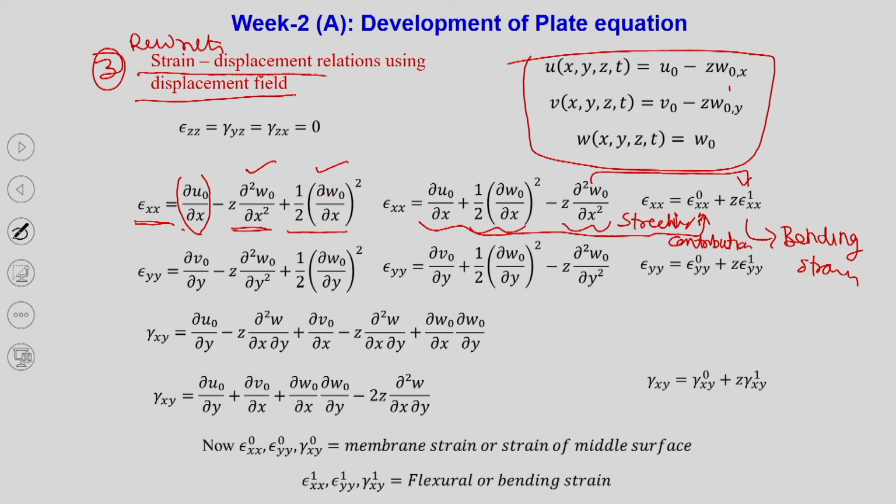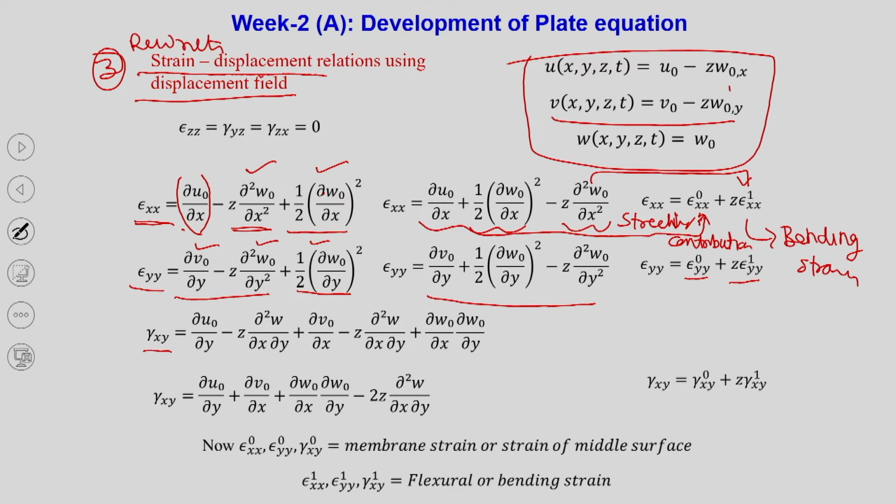Similarly, the components in epsilon yy. Epsilon yy will be del v by del y, and from there the double derivative along y, del y, and the non-linear component. We have to rearrange into epsilon yy naught, epsilon yy1 and gamma xy.